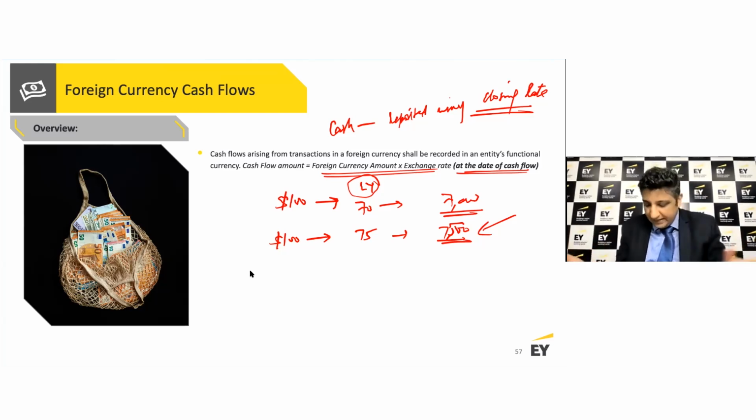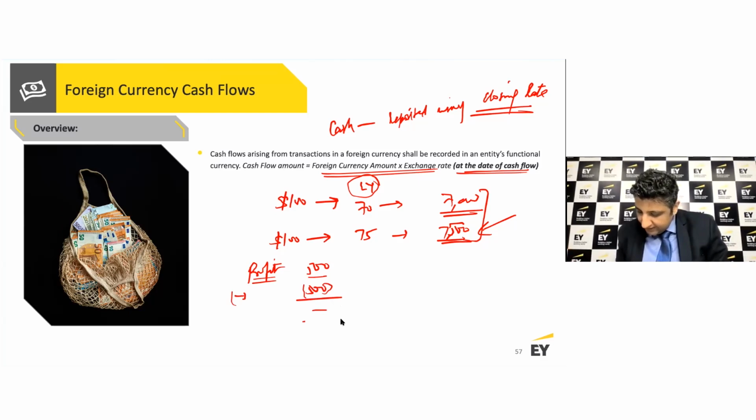So how do we address that? We are simply saying that my profit of 500 must have been recognized. If I am talking about the indirect method, there is a profit of 500 because of exchange rate fluctuations. I would simply reduce that to arrive at my cash from operations, which is zero, because practically there is no cash.